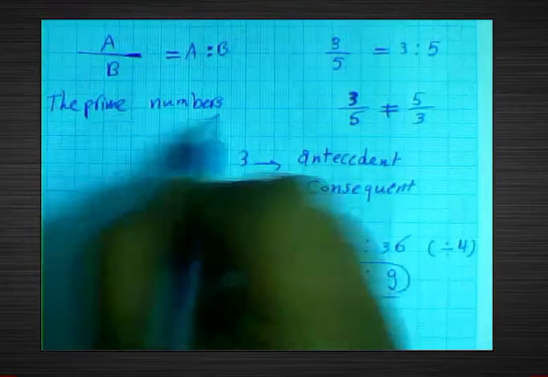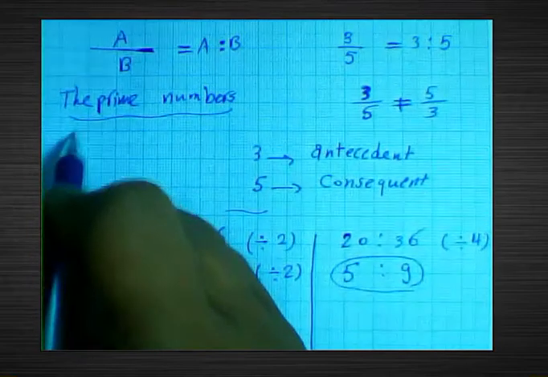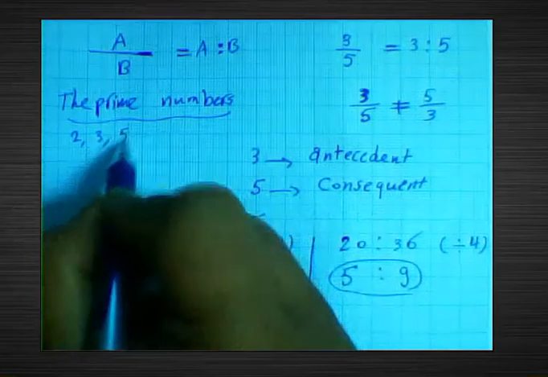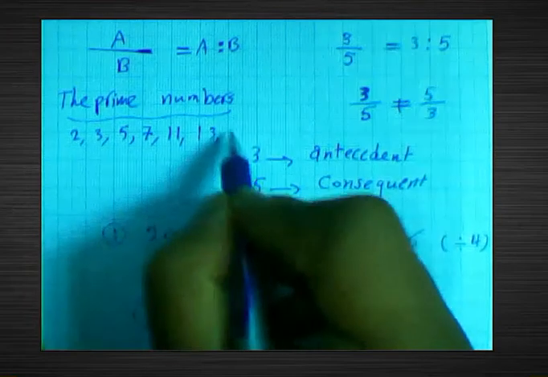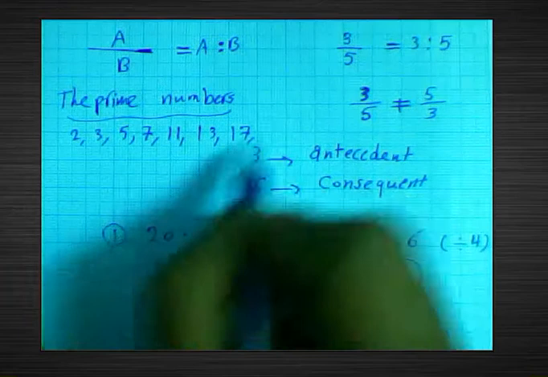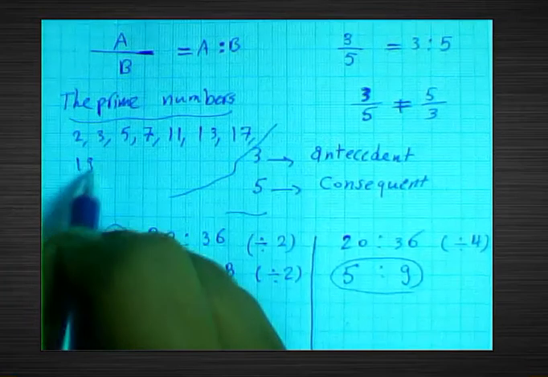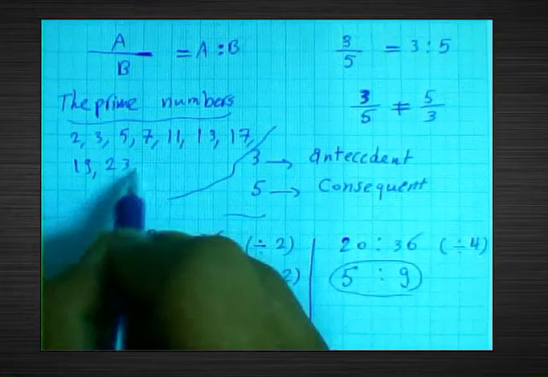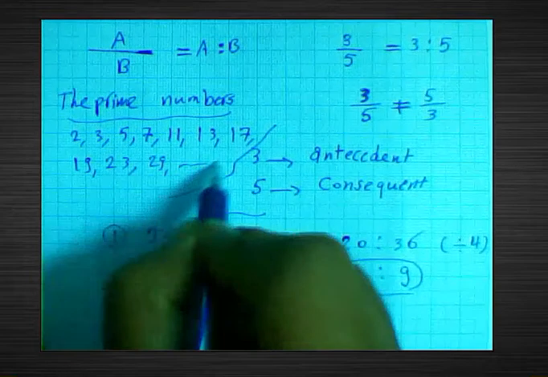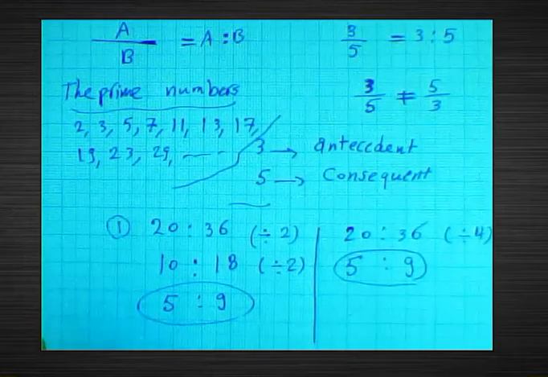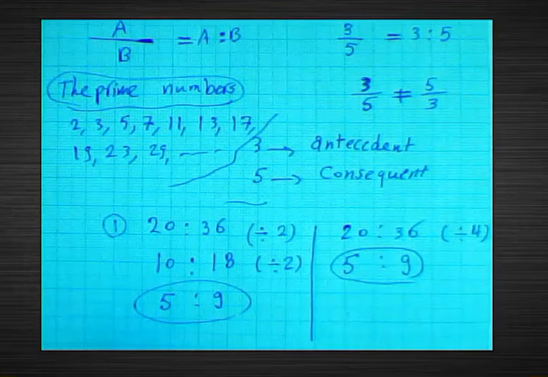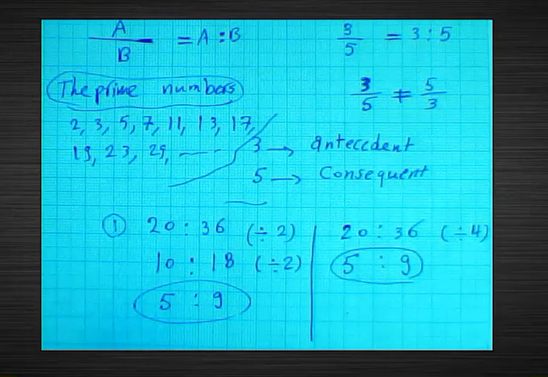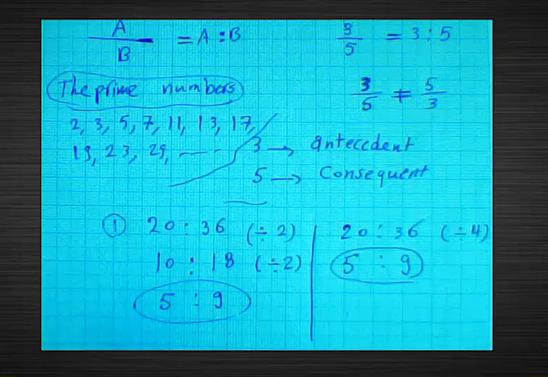You remember them? The prime numbers: 2, 3, 5, 7, 11, 13, 17, 19, 23, 29, and so on. Okay, they are called the prime numbers. It's very easy for you.